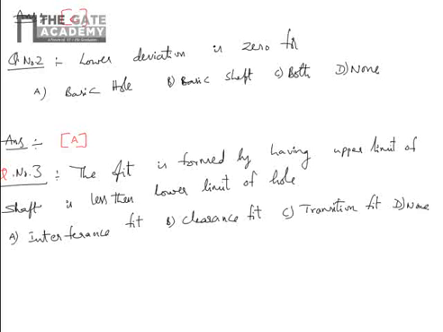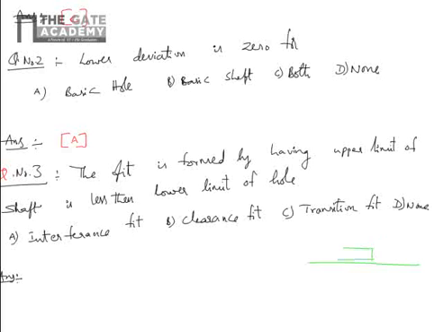So if you remember the basic conditions, the necessary conditions for clearance fit or interference fit, if you draw the diagram. The fit is formed by having upper limit of shaft less than the lower limit of hole.